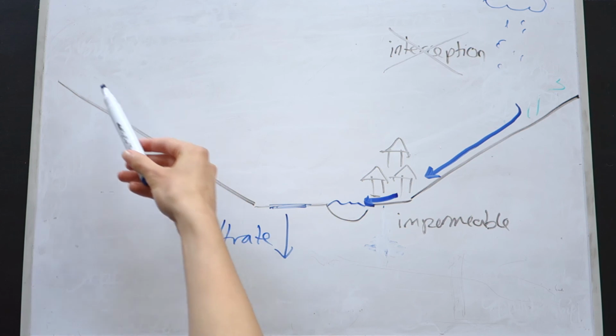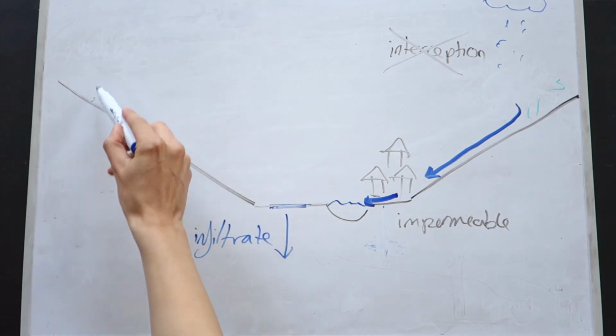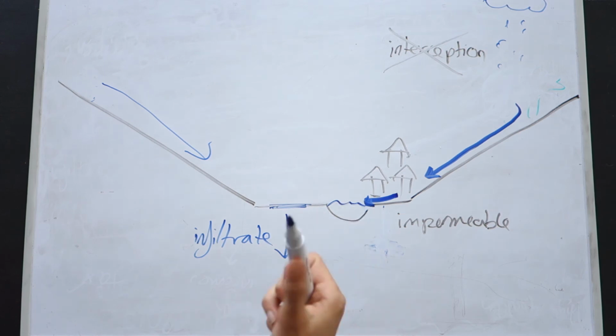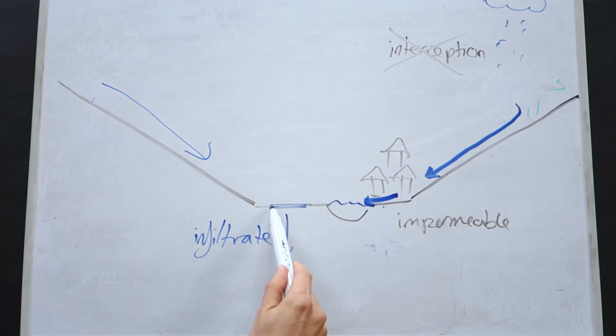So just like we said that steep surfaces mean the water flows really quickly down the river valley into the river channel, that causes flooding. If the surface is flat, that allows infiltration to happen and reduces the amount of flooding.